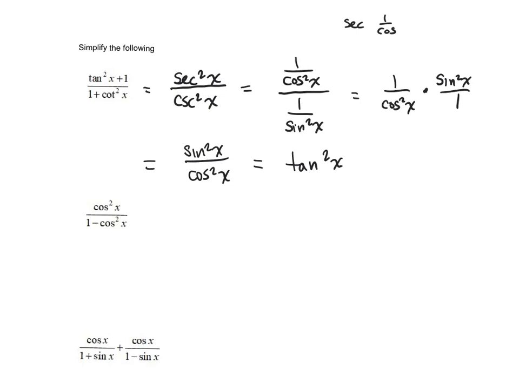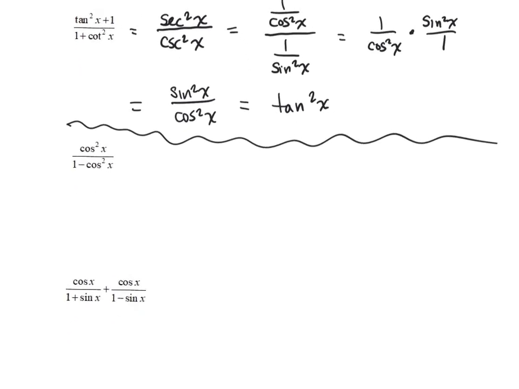All right. So let's look at the next one. Again, we have some squares. So when I have squares, I'm thinking I'm probably going to be dealing with those Pythagorean identities. Now, if I have a single thing like cosine squared, I typically don't want to change that. But this 1 minus cosine squared, if I look at my rewrites, is the same as sine squared.